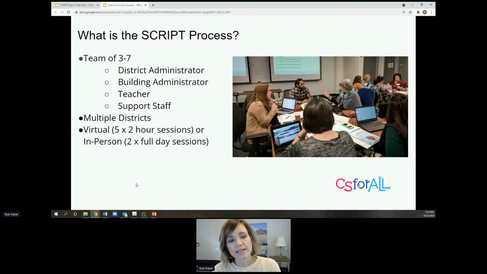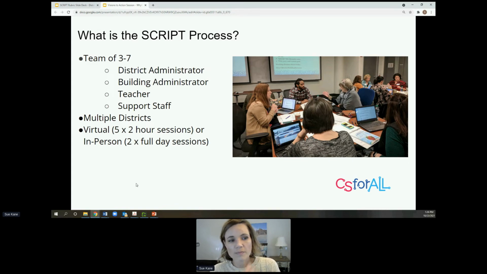What this looks like is, we typically pull together a team of 3 to 7. Required ingredients for this team is at least one district administrator and a building administrator, depending on the size of the district. Of course, some of our smaller districts, that might be one and the same, and that's an okay thing. But you want to have the ability to really put some intentionality around this strategic plan.